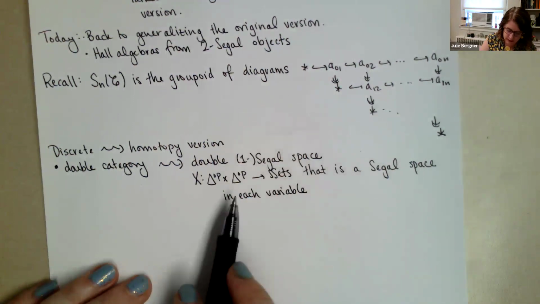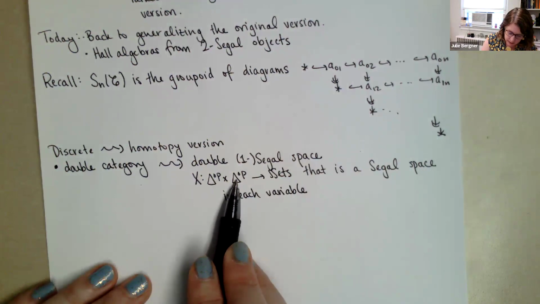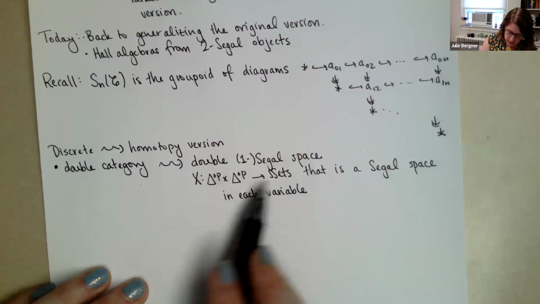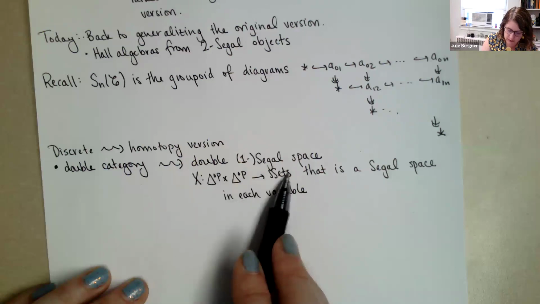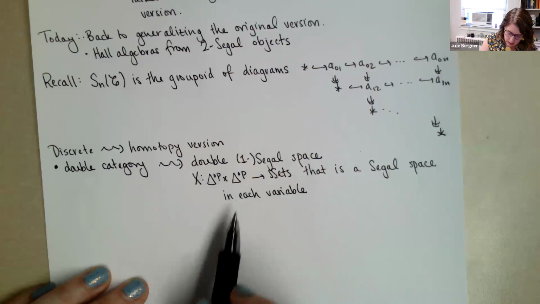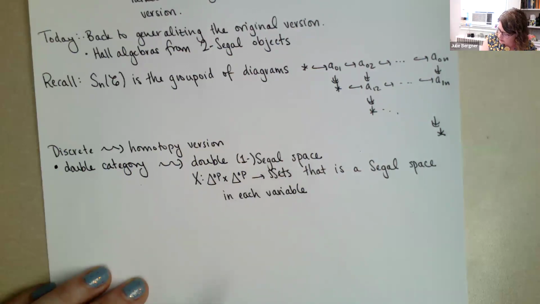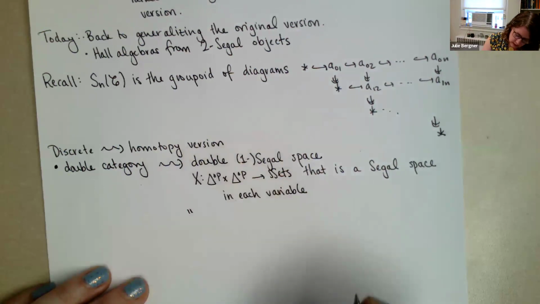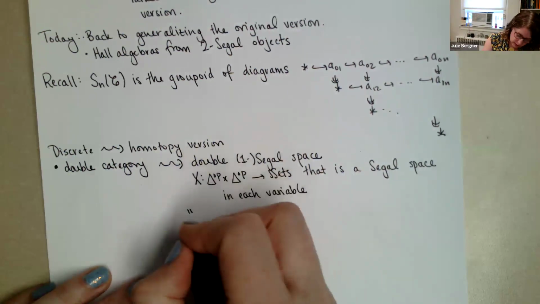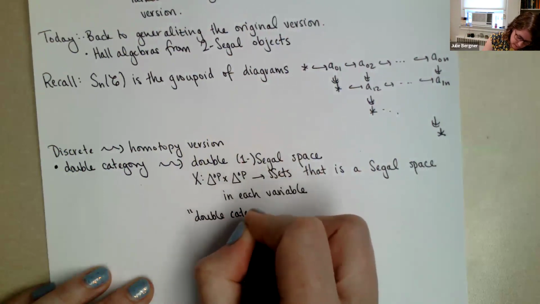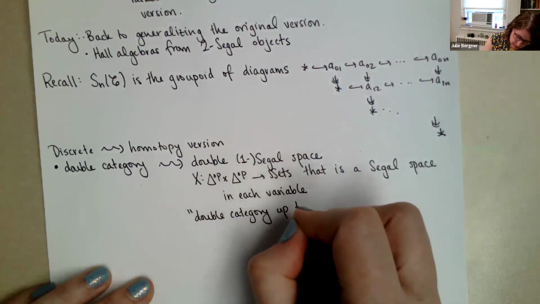If we fix an object of this delta op and look at everything at that level, we get a simplicial space and we want that to be a Segal space. And similarly, if we fix something here and let this one vary, we want that to be a Segal space. So this is something that we could call a double category up to homotopy.